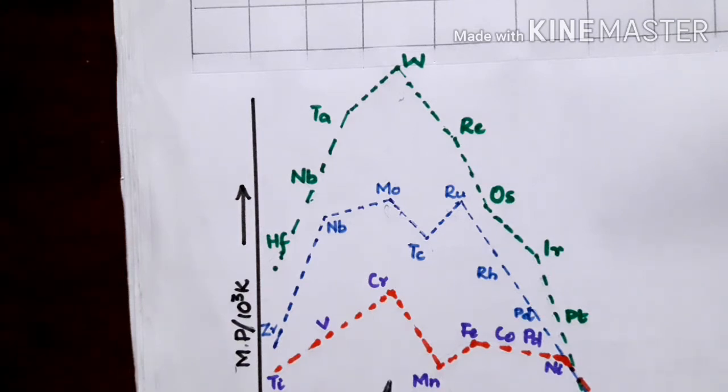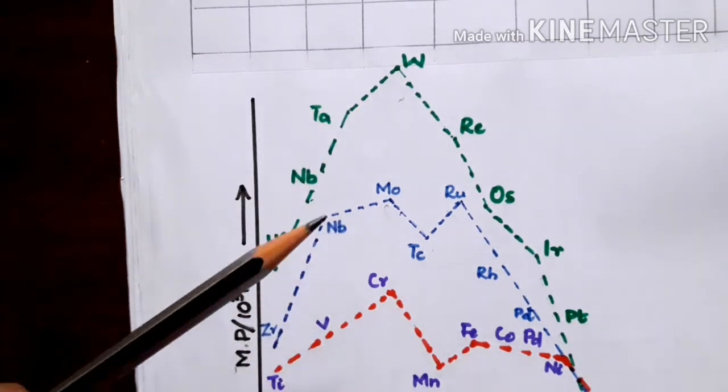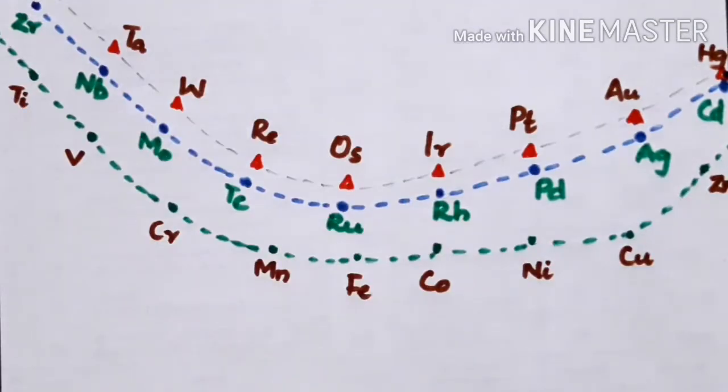So except for manganese and technetium, you find the middle elements which have the maximum number of unpaired electrons have the maximum values for melting and boiling points. Now we are going to have a look at what happens to the atomic radii when we move in the different series.